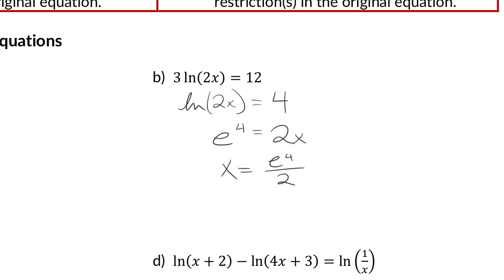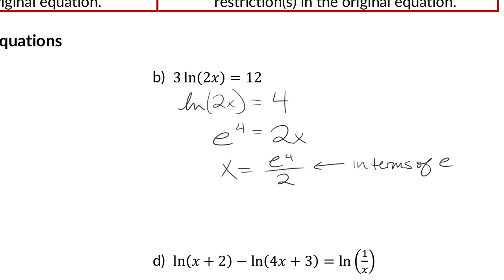If I was giving an exact answer, which is what you might see this referred to as, or you might see that referred to as an answer in terms of e, this is where you would stop. But e is a number, so we can also go to our calculator and get a decimal approximation.